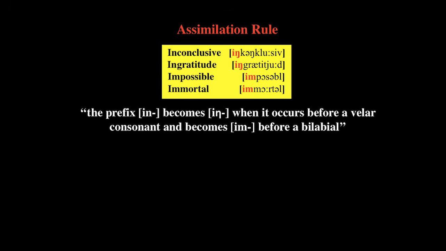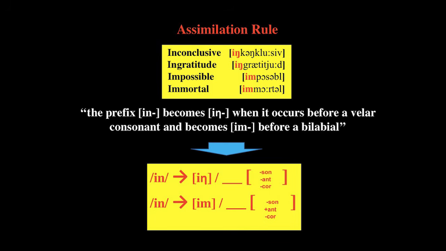I repeat, bilabials are plus anterior and minus coronal, while velars are minus anterior, minus coronal. So we simply write the phonological rule notation as follows. In becomes ing when it is followed by a consonant that is minus sonorant, minus anterior, minus coronal, which is a velar sound. And in becomes im whenever it is followed by a consonant that is minus sonorant, plus anterior, minus coronal, which is a bilabial.